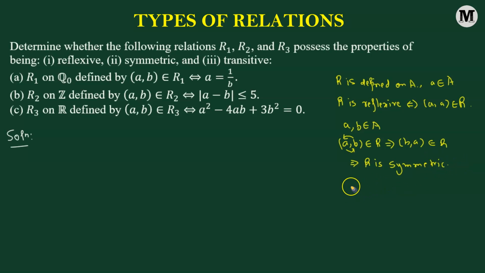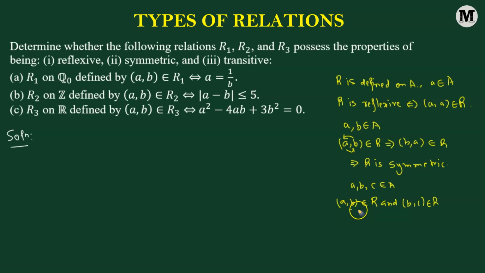And then finally we're going to consider three elements a, b and c, all belonging to the set A, such that the ordered pair (a, b) belongs to the relation R, and we have another ordered pair (b, c) belonging to the relation R. Here the way we are choosing the ordered pairs is very important.